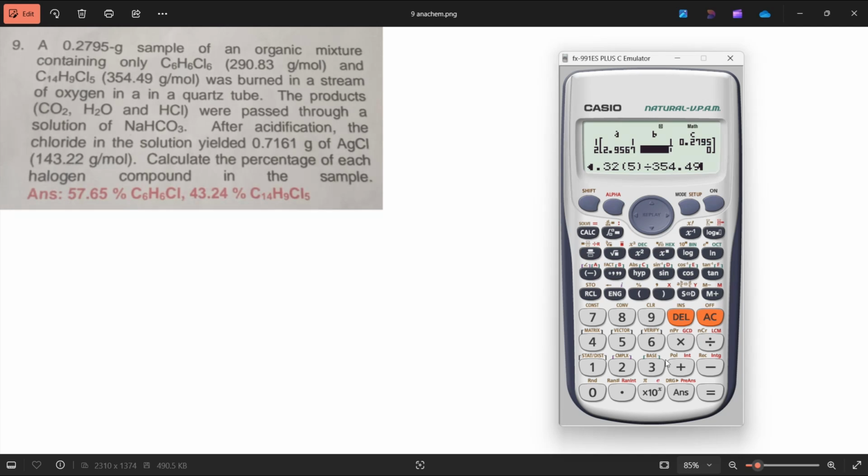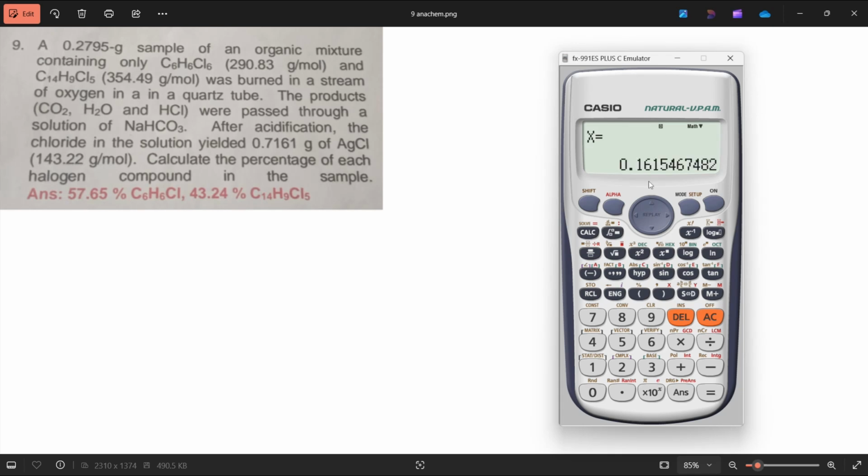Then equal sign, and then we put the yielded amount of the AgCl here, which is 0.7161. So since the equation is already set up, we just press the equal sign once more and we'll just wait for x to arrive.